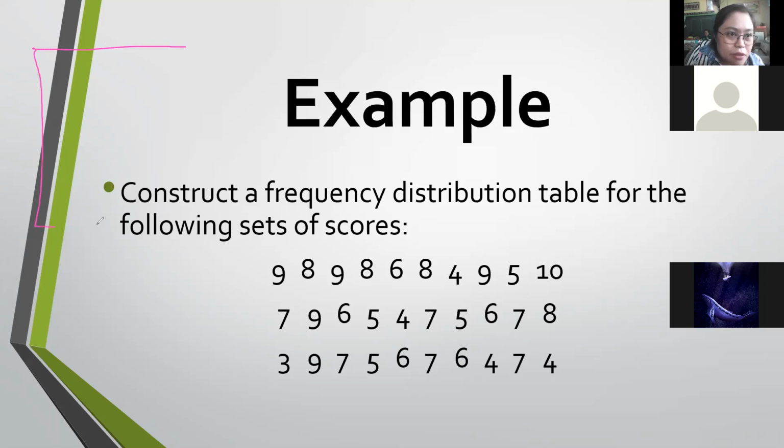Sa frequency distribution table, you have a table there, and then here we have the scores, and then we have the percentage on the last part. And then we have here the frequency distribution.